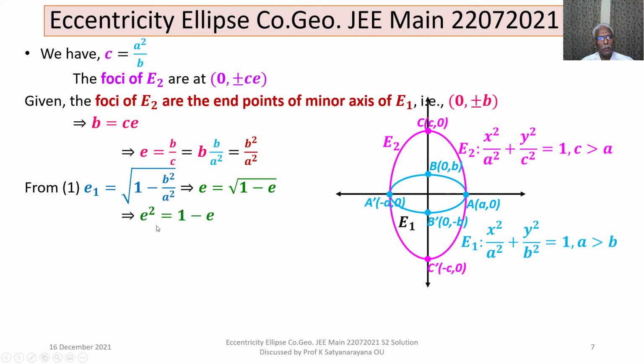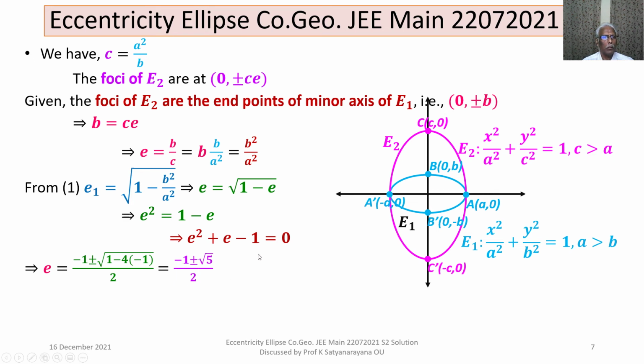Squaring on both sides, E square is equal to 1 minus E, and thus we get a quadratic: E square plus E minus 1 is equal to 0, and solving we get E is equal to minus 1 plus or minus root 5 by 2.